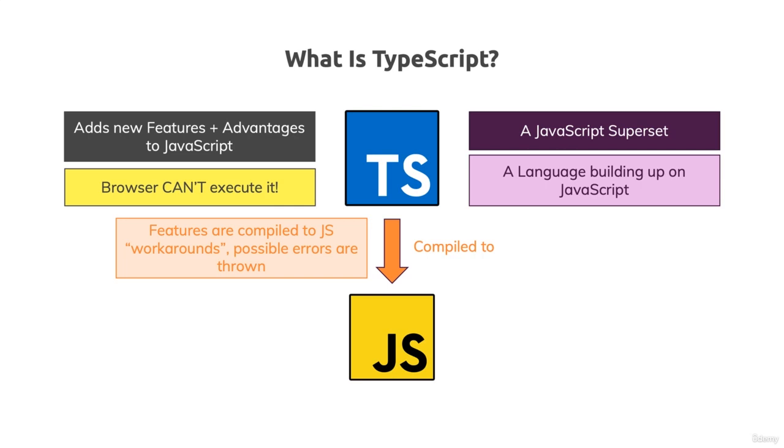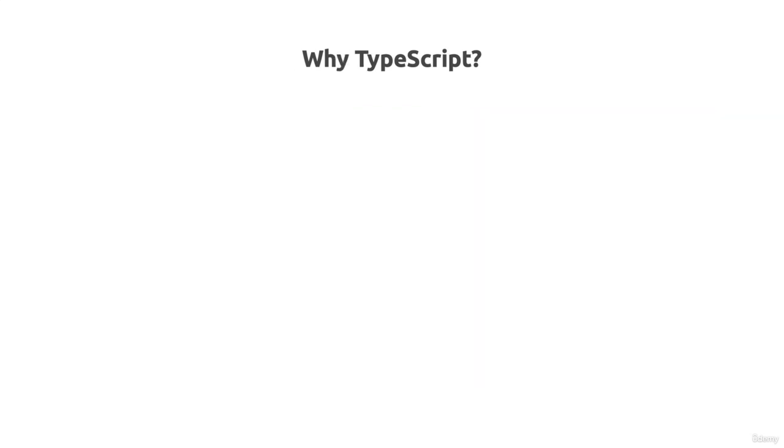So it does not only give you some new features and nicer ways of doing something, it also gives you extra error checking where errors, which you would otherwise get as runtime errors, can be caught and fixed early during development. So why would we use TypeScript?